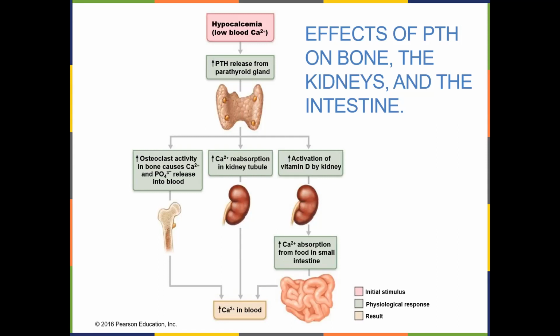It will tell the kidneys to reabsorb calcium in the kidney tubules. It will also tell the kidneys to activate the inactive form of vitamin D, which allows us to absorb calcium in the gut. All three of those combined raise our blood calcium levels.